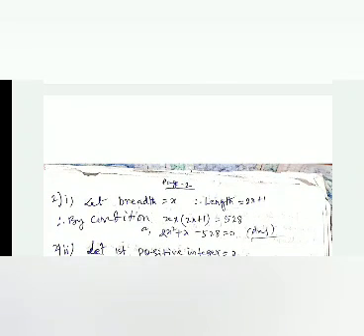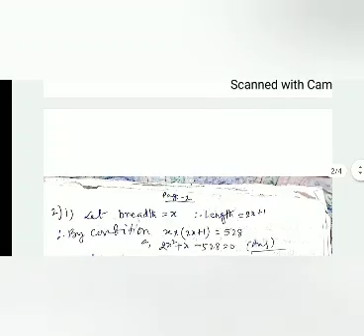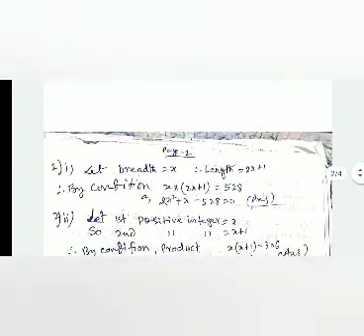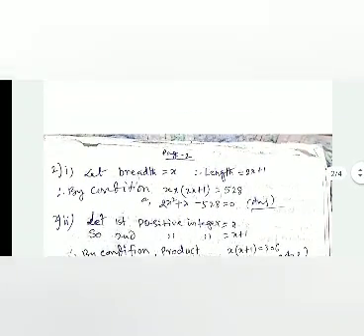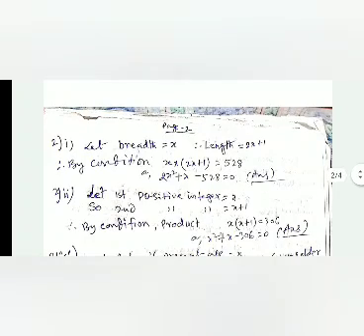So 2x square plus x minus 528 equal to 0. This is a quadratic equation. Second one is that consecutive two positive integers. Now you have to take one is x and next one is x plus 1.